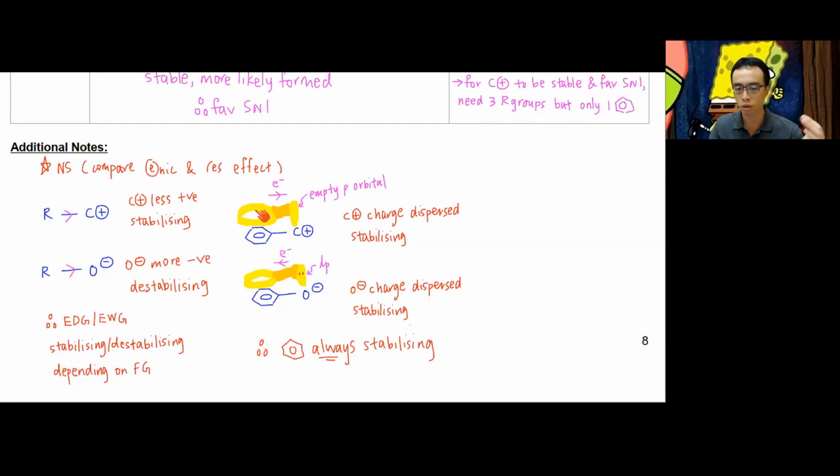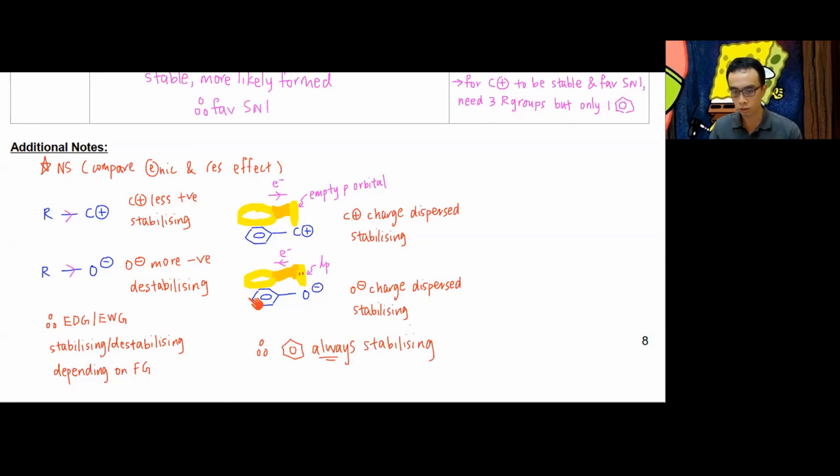So you notice in terms of how the electrons are moving, if carbon is short of electron, the delocalized pi system will go to C+, push electron to C+, make this C+ less positive, and stabilize the C+. If this is O-, the electrons will move from O-, delocalized into benzene, and the negative charge is moving away from oxygen into benzene. So this O- will be less negative. Again, this will be stabilizing.